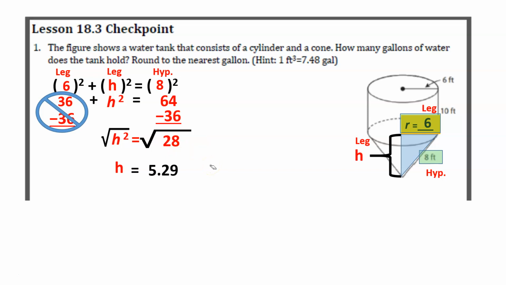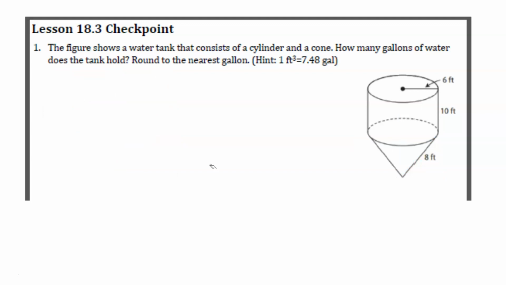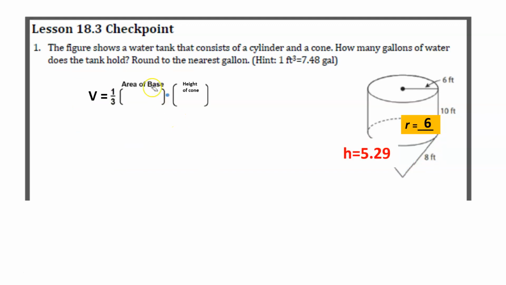All right, so now that we know what our height is, yay, let's actually calculate the volume of our cone. So now that we know what the height is, we can plug stuff in. Let's go ahead and do that. All right, so I'm going to have to write some of this stuff in because that's not correct.